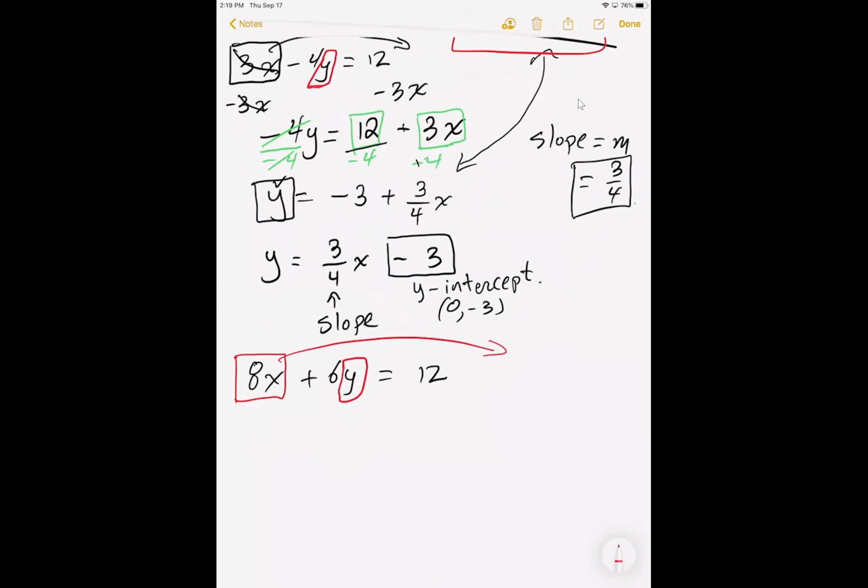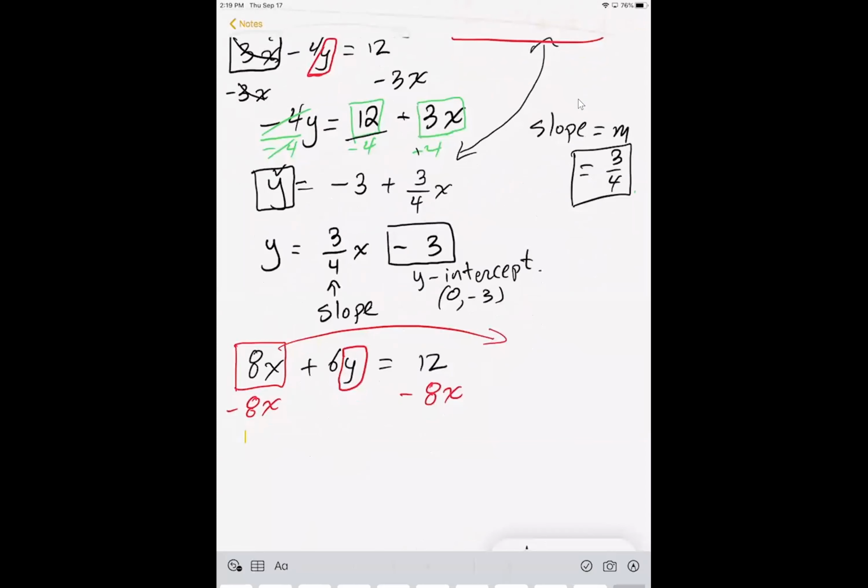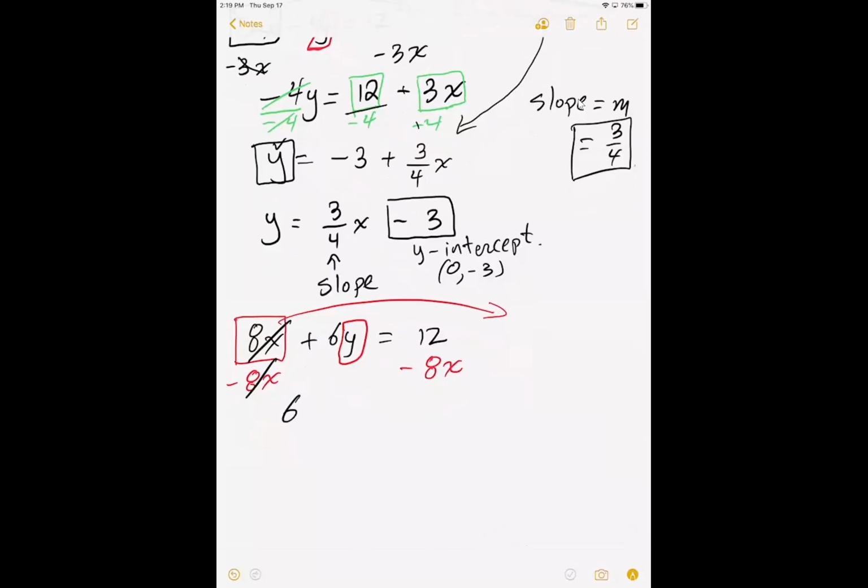And just like before, to get y by itself, I need to subtract the ax. You will see that this thing here is very consistently the same, right? If I subtract my ax, I get 6y equal to minus ax. Why? Because the 12 does not have an x.